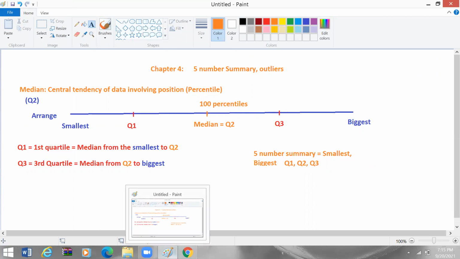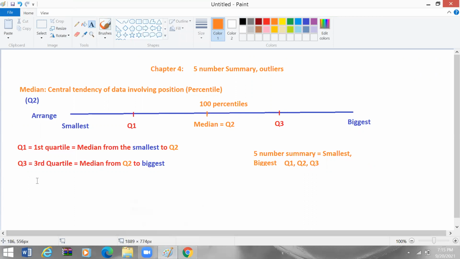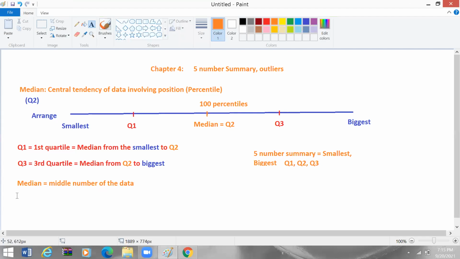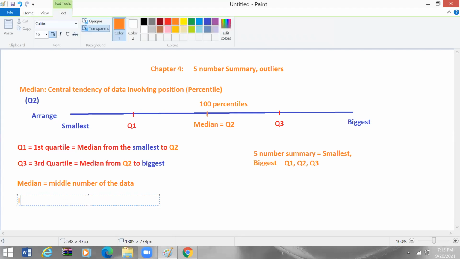If there are 2 middle numbers, the median will be the middle of the data. We should know this one for sure. This is just the assumption that we might have on the exam. If there are 2 middle numbers, what should we do?